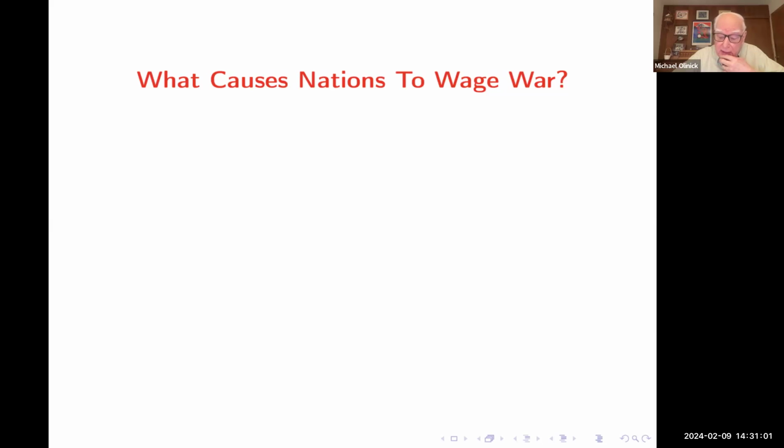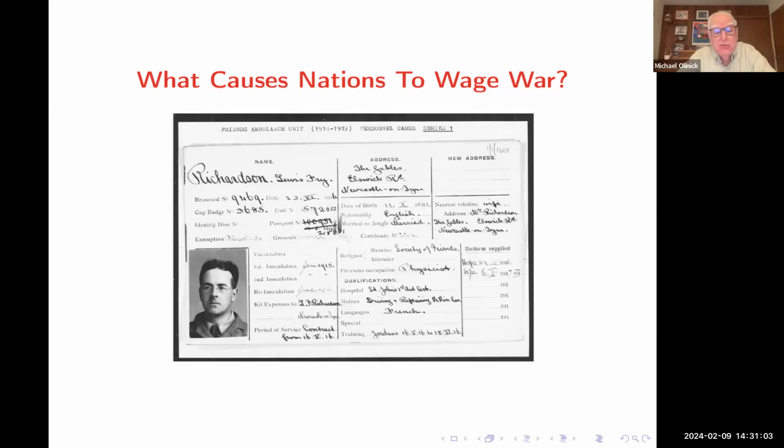And one of those persons was Lewis Richardson. Richardson was a physicist and mathematician, best known for his work in meteorology. He was a Quaker, very much opposed to war.